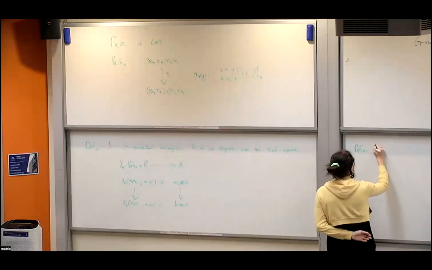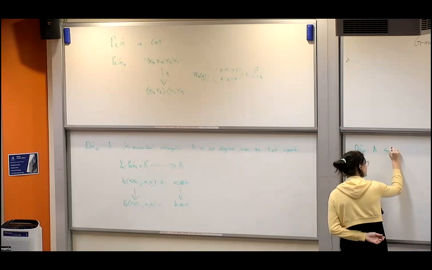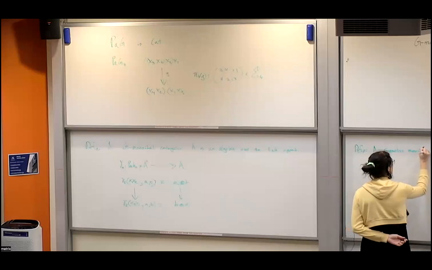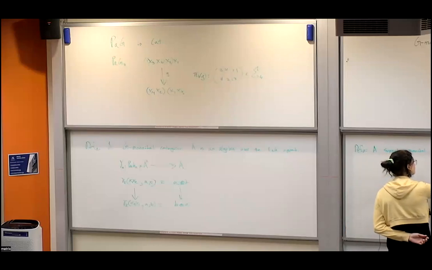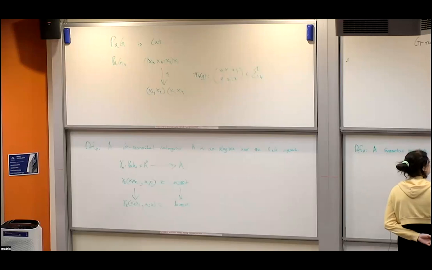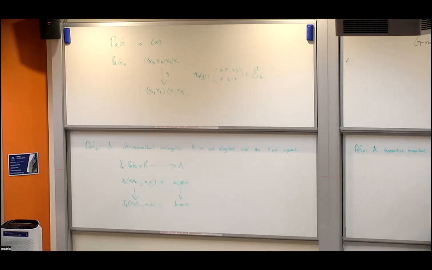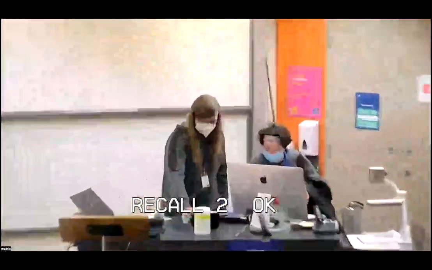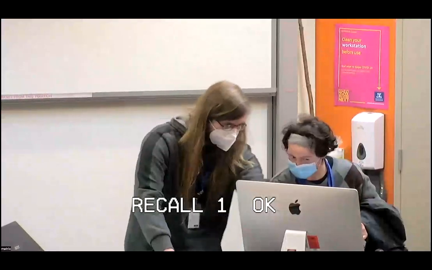So a symmetric monoidal infinity category is a co-Cartesian fibration over the nerve of the category of finite sets.